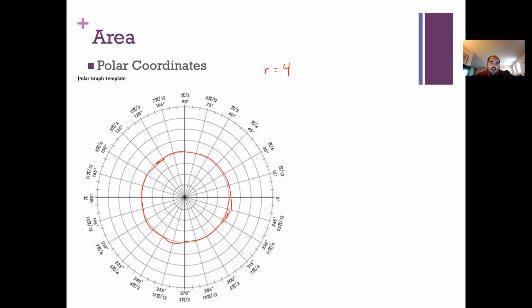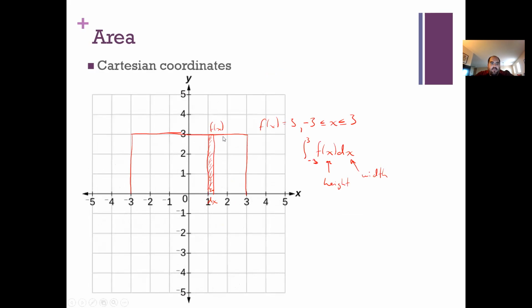And now I'm going to draw a representative stripe or a representative element of this circle. So before I do that, I should clear up one thing about the rectangle. In Cartesian, x is my independent variable, and y is my dependent variable.